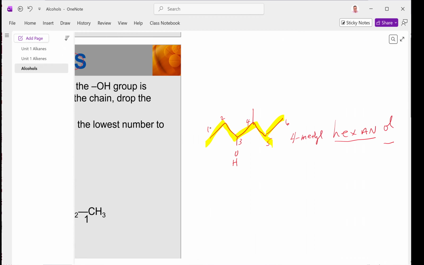And what carbon is the OH on? Carbon 3. So 4-methyl-3-hexanol. So it's just like all the others, 3 parts. The first part on branching is optional. If there's no branching, you can leave that off. Okay, cyclohexanol.